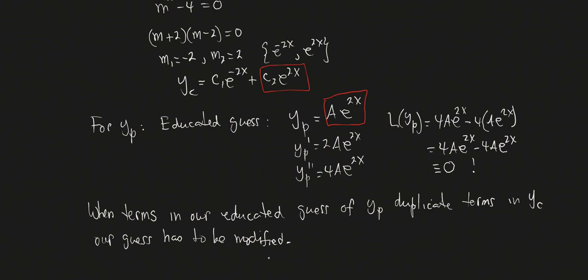That's my justification. I don't want to get into a super long justification as to why this modification process works, but think back to when we had repeated roots. That reduction of order process led us to multiplying one solution by a power of x, in other words x to the first power, to get the second linearly independent solution. So it's kind of along those lines.